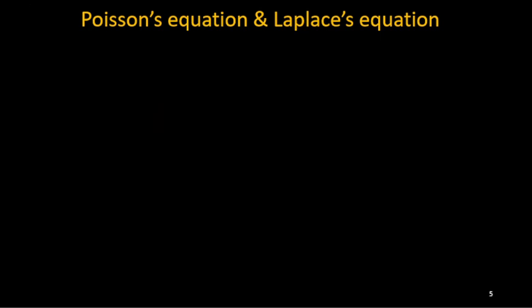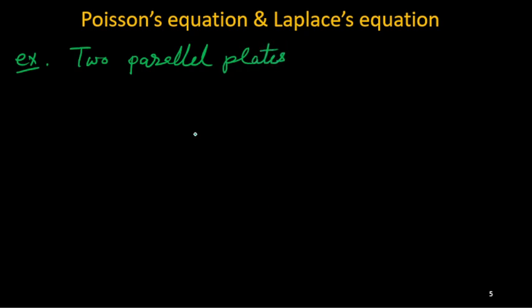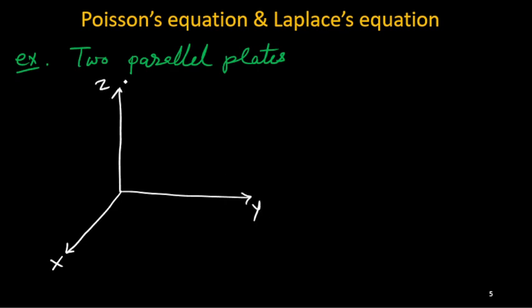Now the first example is about two parallel plates. I have three coordinate systems; here I'll consider the rectangular coordinate system. This is x, this side is y, and this side is z.